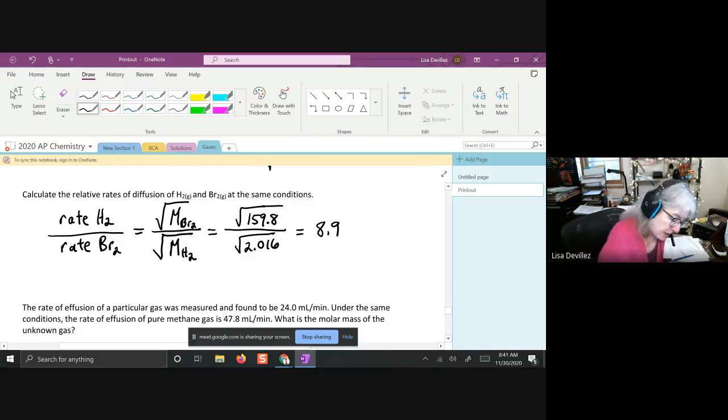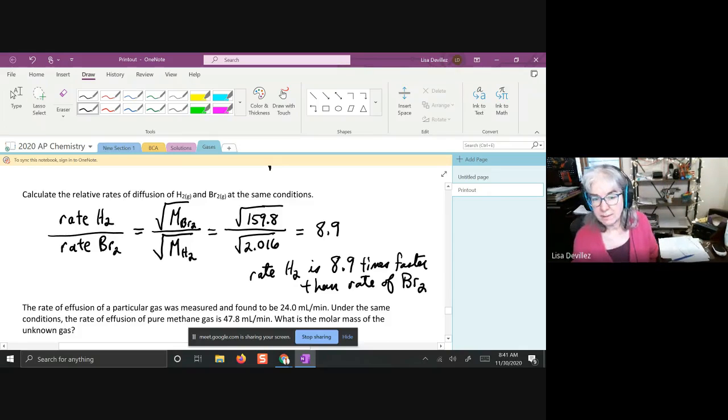And so that means that the rate of hydrogen is 8.9 times faster than the rate of bromine if they're under the same conditions. Okay. All right.